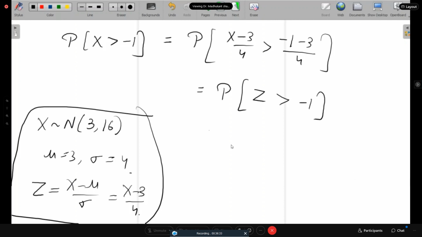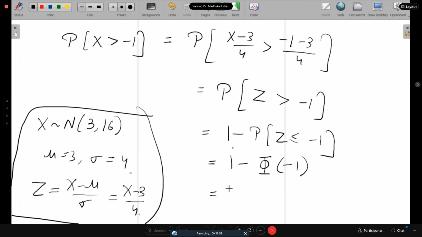Now this you can write as 1 minus the probability that z is less than or equal to -1. This equals 1 minus phi of -1. But you know the standard table does not exist for negative values. So what you can do is write phi of -1 as 1 minus phi of 1, so this equals phi of 1.